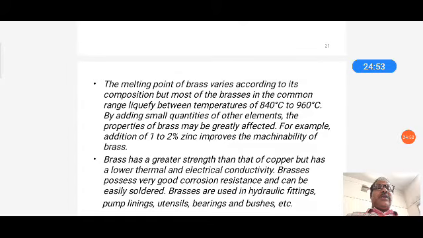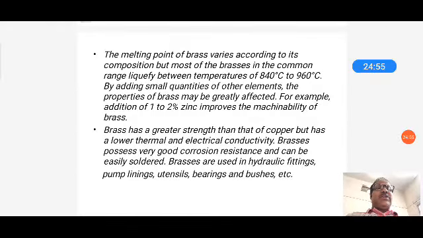The melting point of these brasses varies according to composition, but most of the brasses are in a common range. They liquefy between temperatures of 840 degrees centigrade to 960 degrees centigrade. By adding very small quantities of other elements, the properties of brass may be greatly affected.